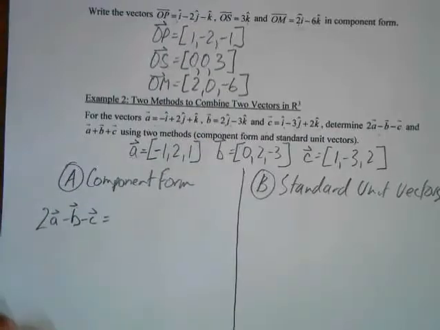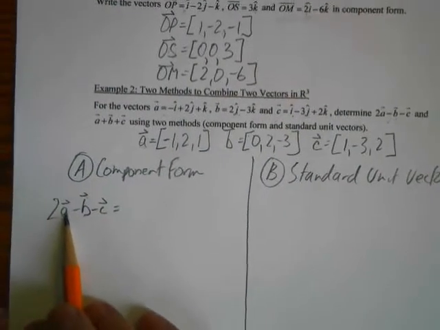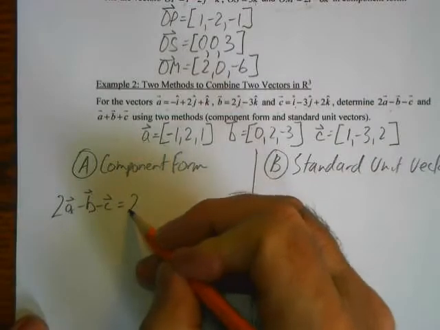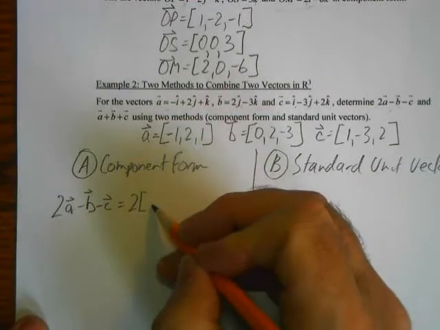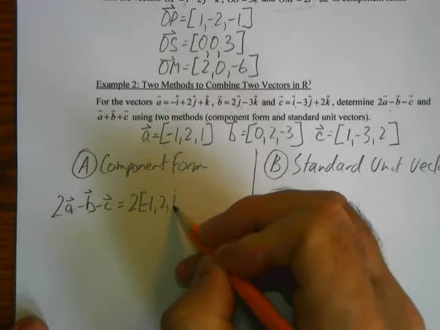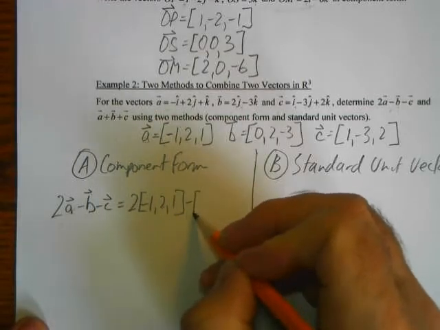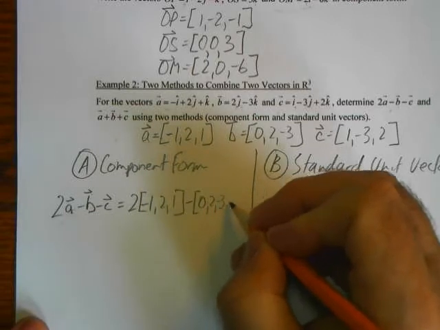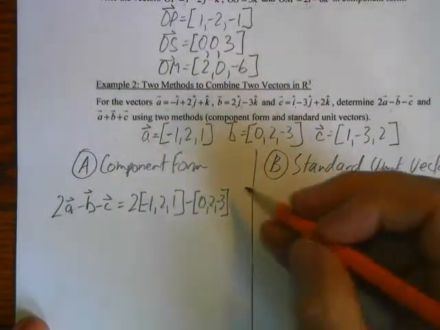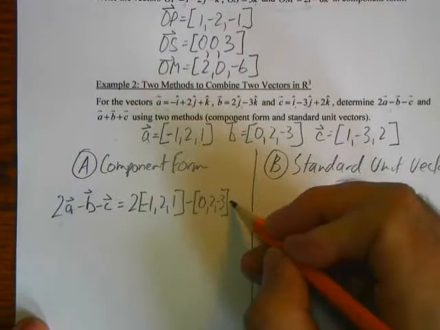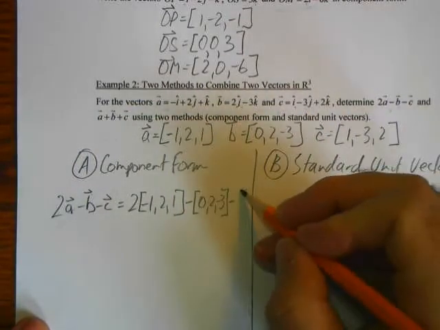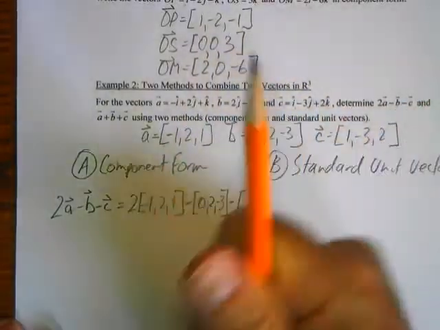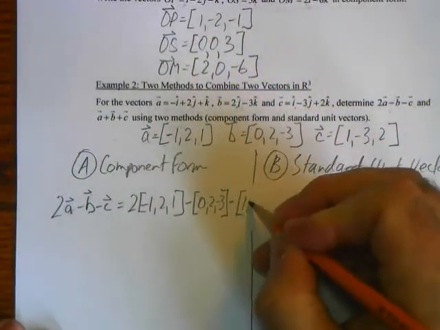Since I'm using component form, I'm going to replace a with the component form. So that would be 2 bracket negative 1, 2, 1, minus b, 0, 2, negative 3. Running out of room here. And then minus c, which would be 1, negative 3, 2.